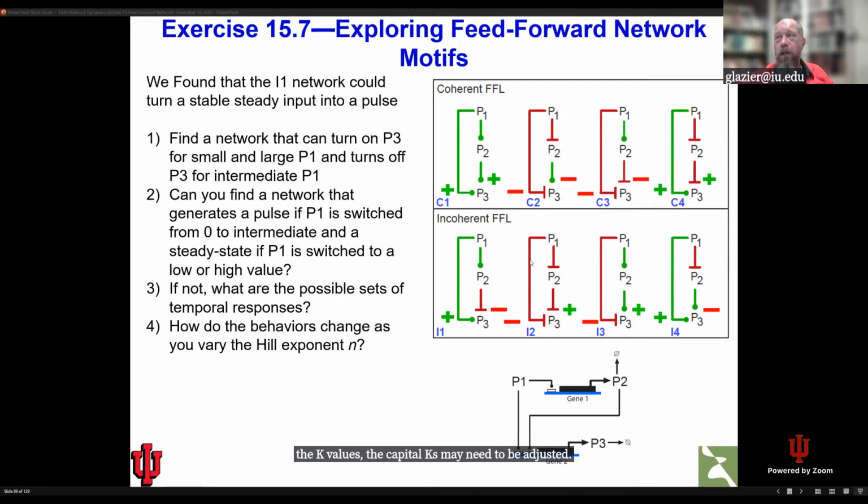But why don't you just play with the C2 one and the I2 for a few minutes, and plot what happens for P1 on and off periodically, and make P1 go from 0 to 0.25, 0 to 0.50 to 1, and see how those two circuits behave. So just take 5 minutes and play with that a little bit. Okay.